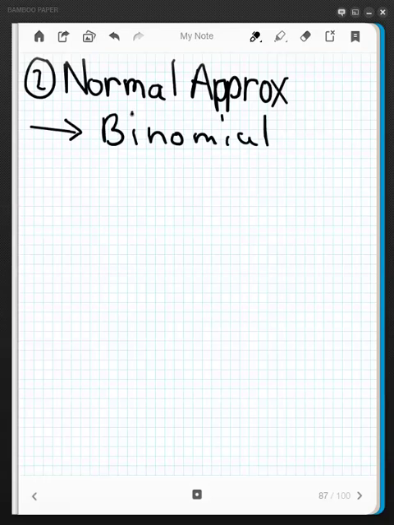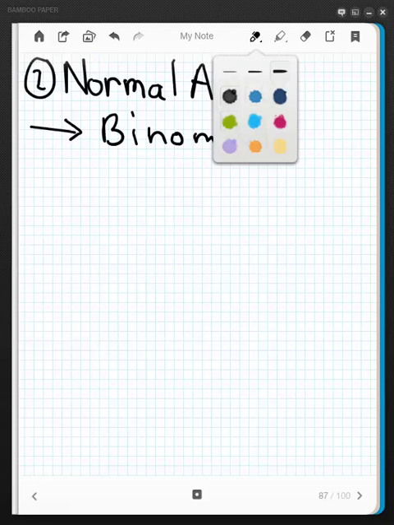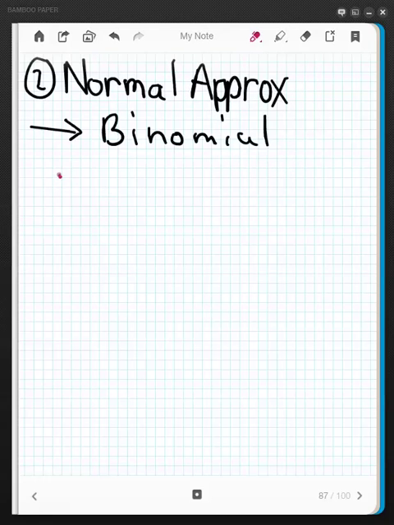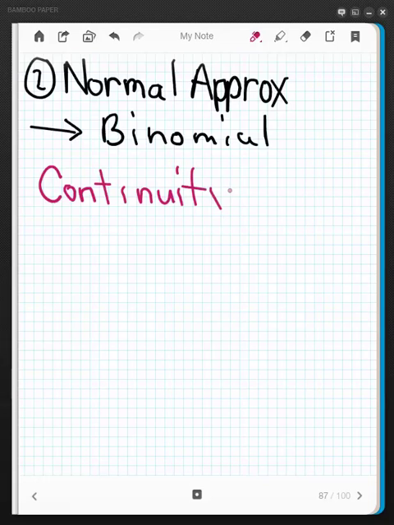In the normal approximation to the binomial, first and foremost, you need to be able to do a continuity correction. The continuity correction was making sure that those bars are accounted for in a density function, a continuous versus a discrete.